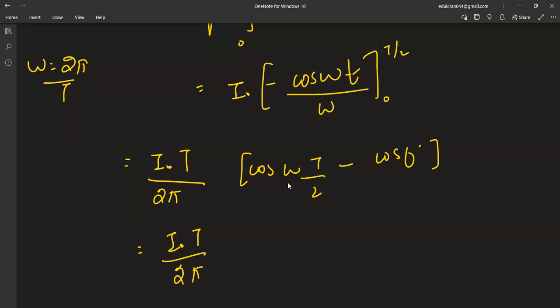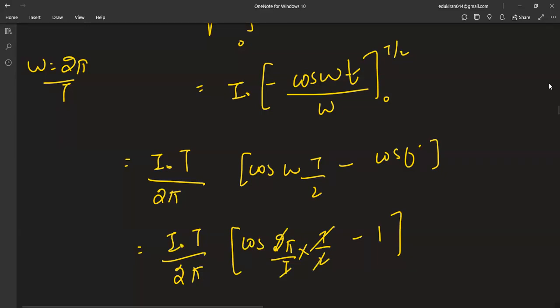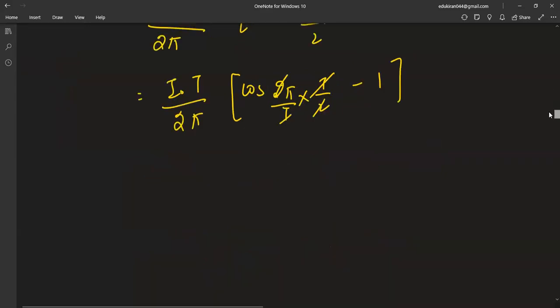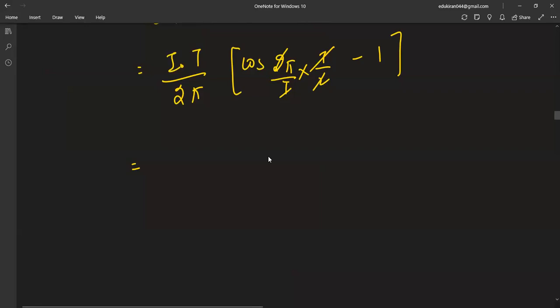This will become cos of 2 pi by T into T by 2, minus 1. So T will be cancelled, 2 will be cancelled. Cos pi, that is cos 180 degree. What is cos 180 degree? It's minus 1. Then you have this minus 1, so it's I naught T by 2 pi times minus 2. And this minus sign is also there.